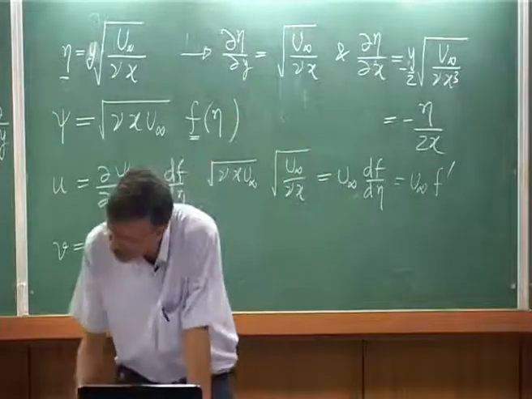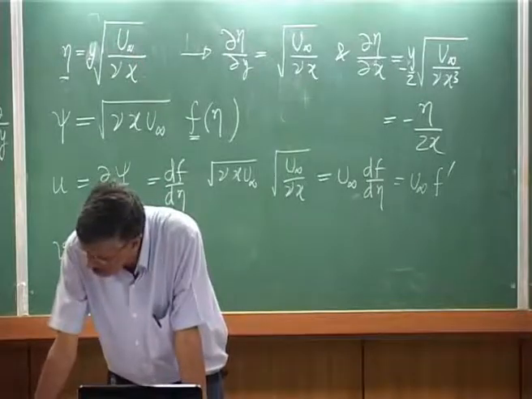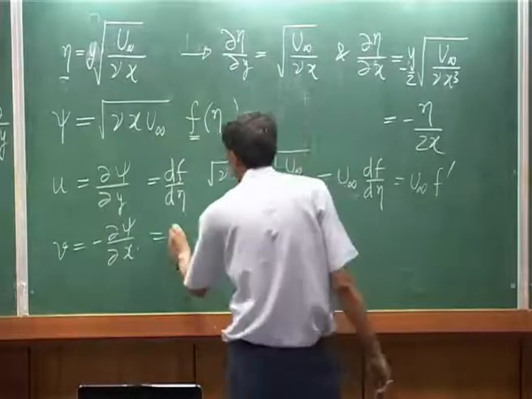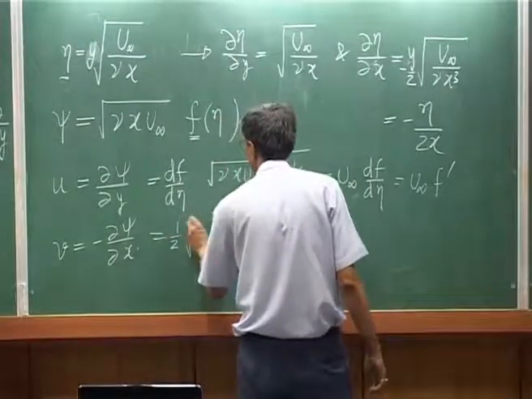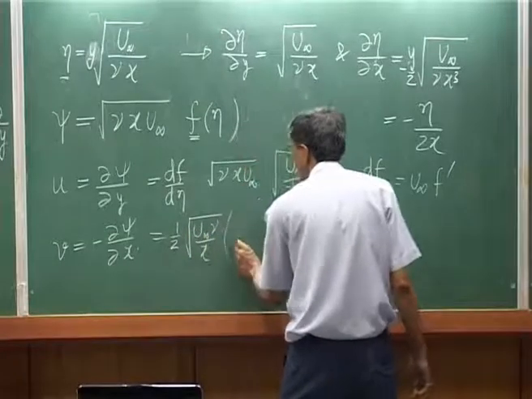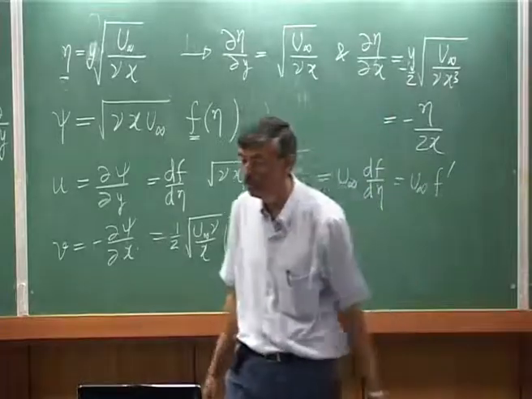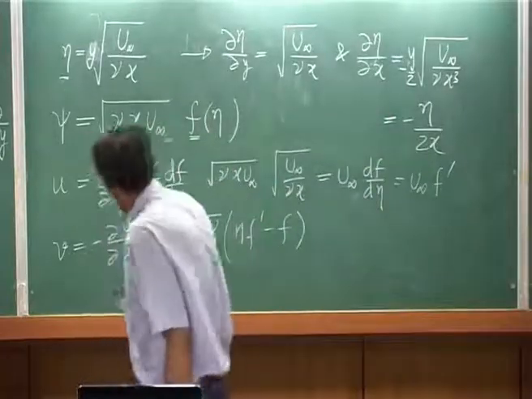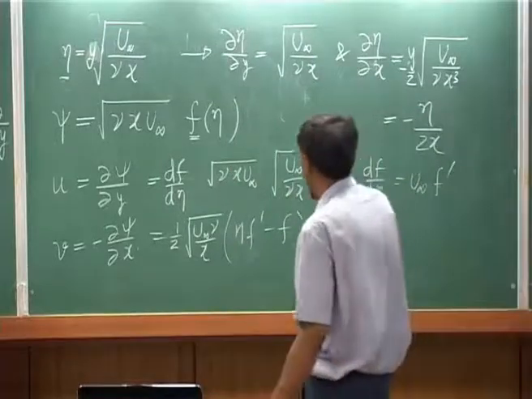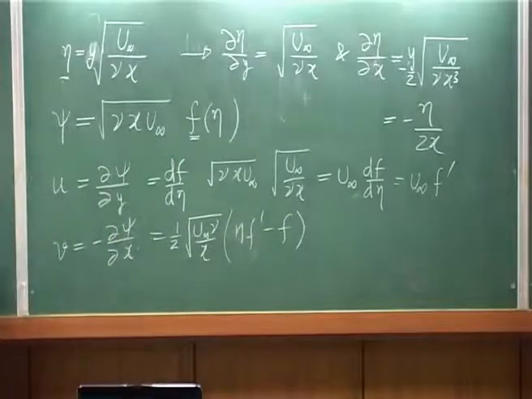So, the same way we can get this expression for v. I think, yeah, you can work it out, and you will see that this is going to be half, okay. Now, you can keep doing those manipulations, working out the various terms in your boundary layer equation.